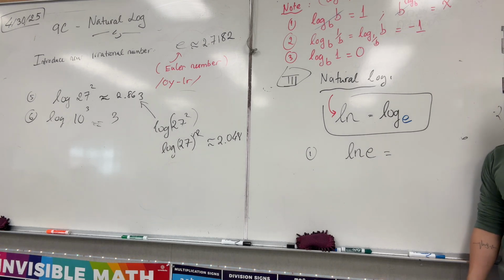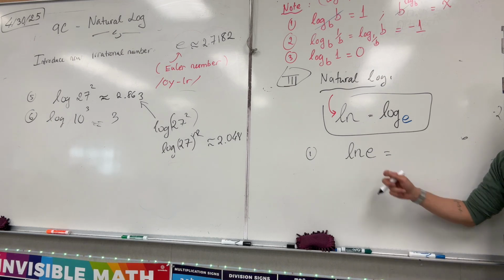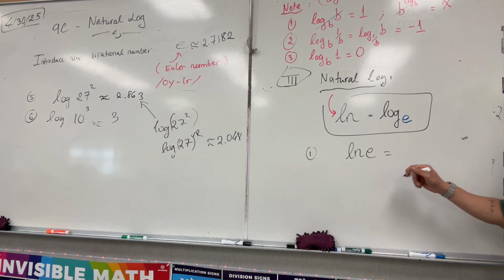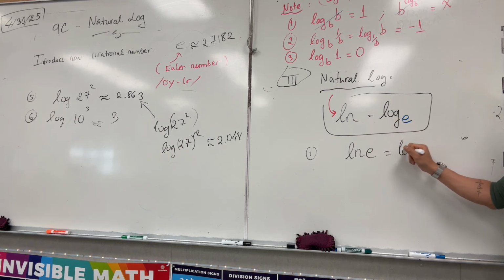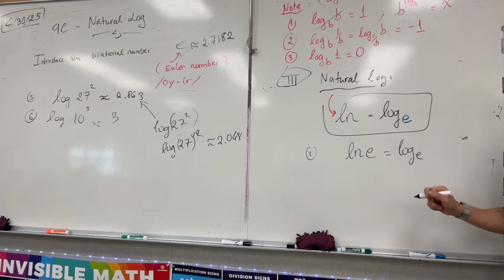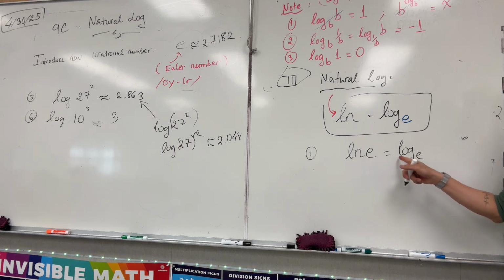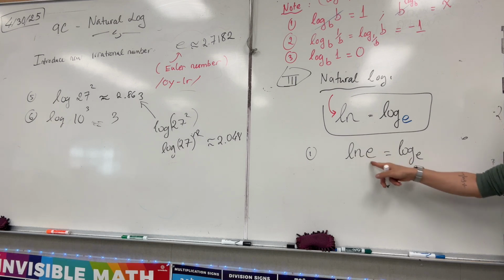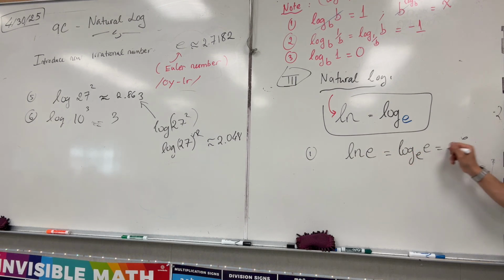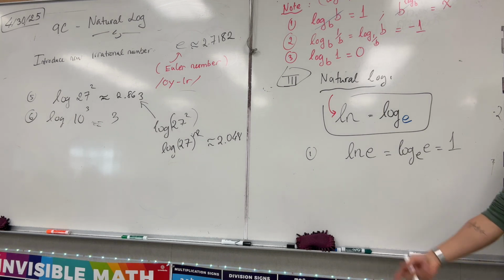What is the natural log of e? Don't try the calculator. What is ln? It is log base e. Right? Natural log is log base e. Do you agree? We just learned this. So ln e is log base e of e, which is 1. So ln e is 1. Okay, the natural log of e is 1.